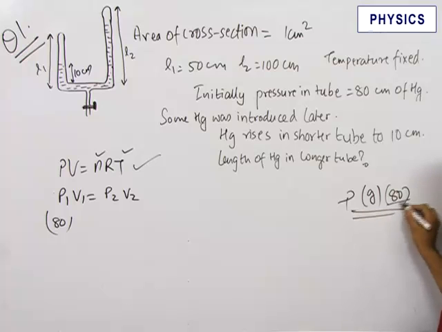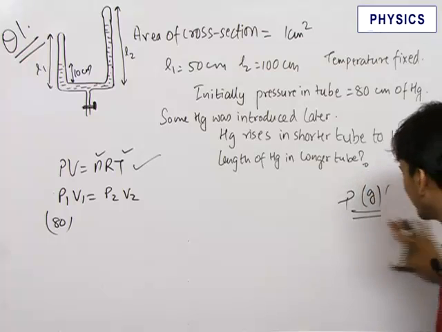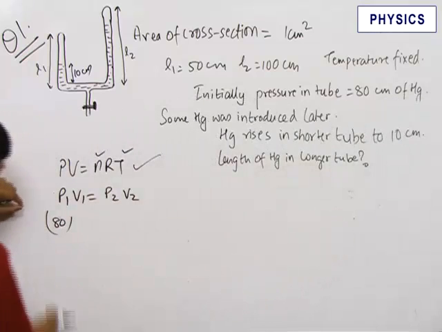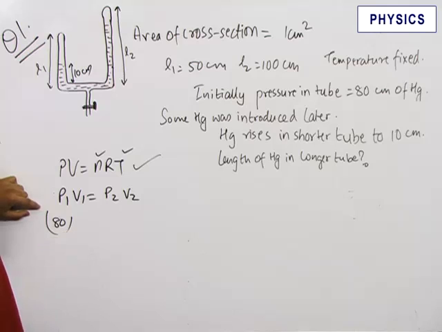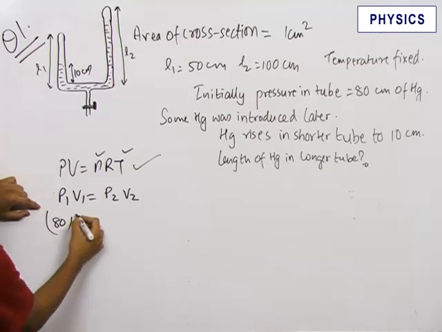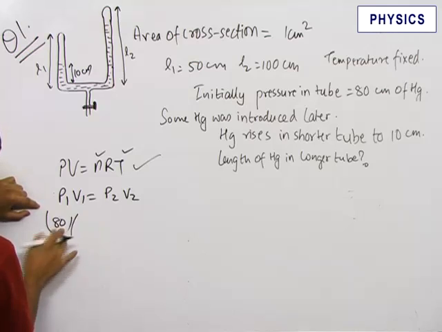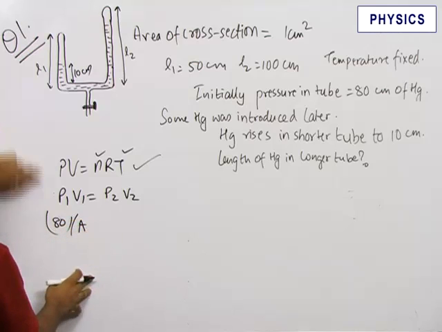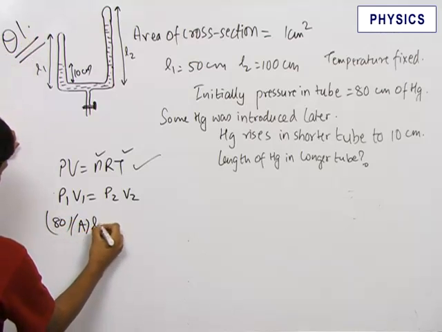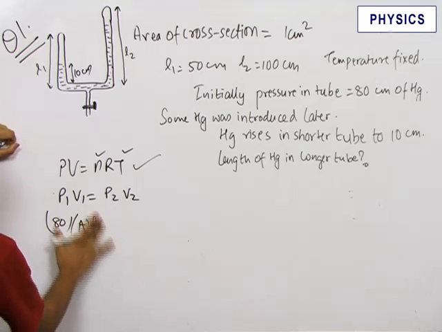This is the meaning of the pressure of 80 centimeters of mercury, but we do not need this now. We leave it in terms of centimeters of mercury. This is multiplied by L1, with area of cross section A.